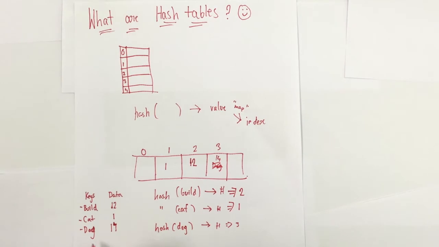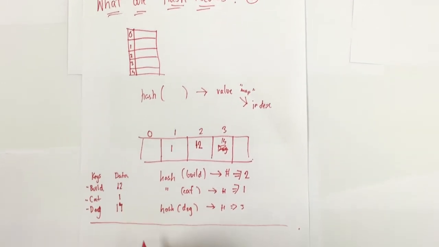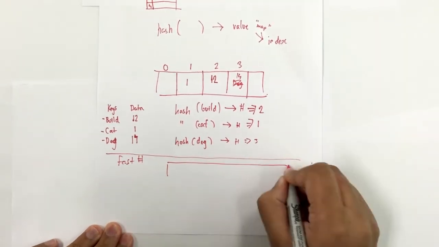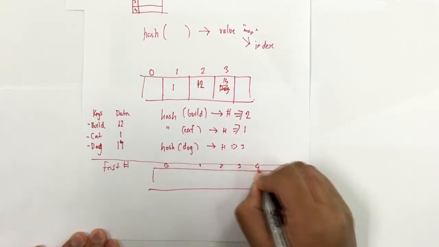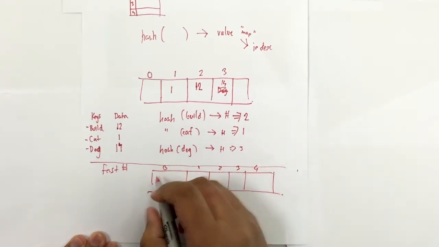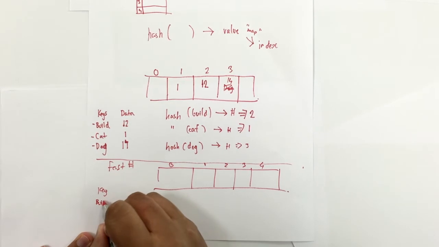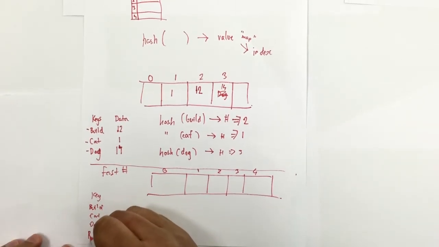Even though hash functions are fast, they still face problems. For example, as we used Build, cat and dog, let's say we have another key, Richie, and the data we are going to store is 15.